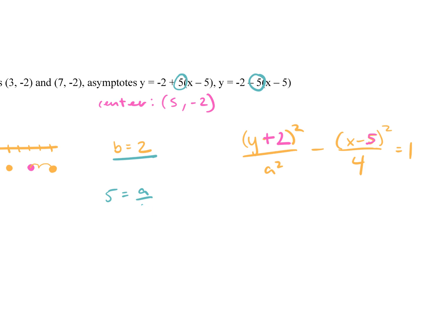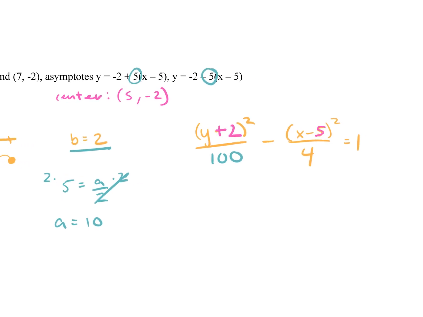So we can plug in 2 into our b. And then when we solve for a, we're going to multiply 2 on both sides. So what does a equal? 10. So what is a squared? 100. Perfect. So this would be our answer.